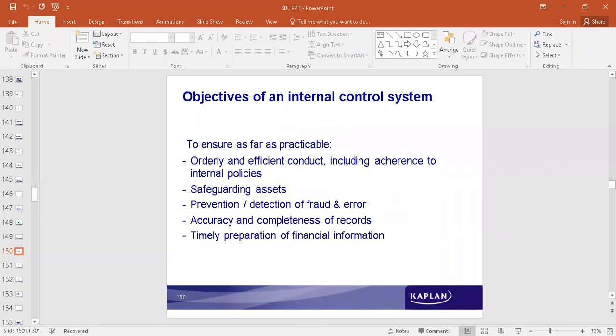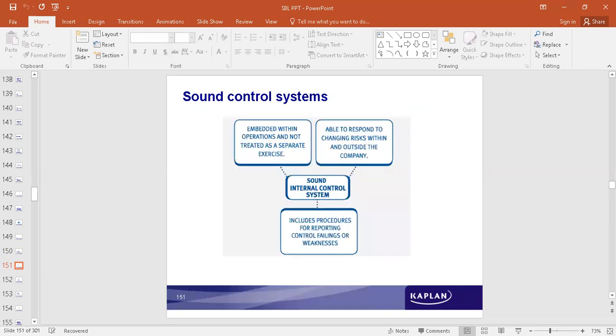To be more practical, the objectives of the internal control system are orderly and efficient operations carried on in the organization, assets are safeguarded, prevention and detection of fraud and error, accuracy and completeness of records, and timely preparation of financial information. We understood that the internal control system should not be a separate system, but should be embedded with the regular activities of the organization.